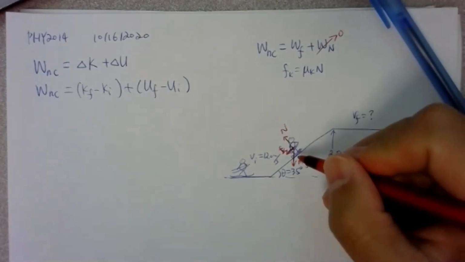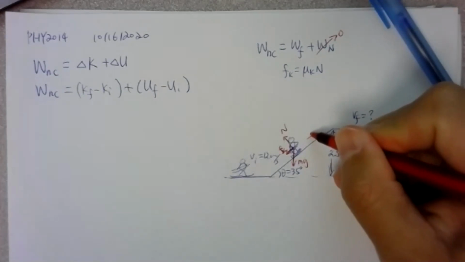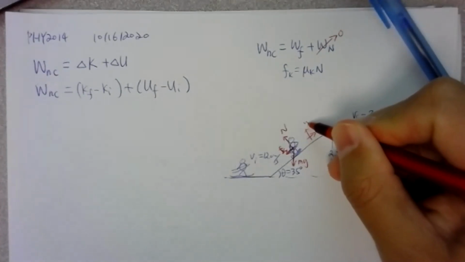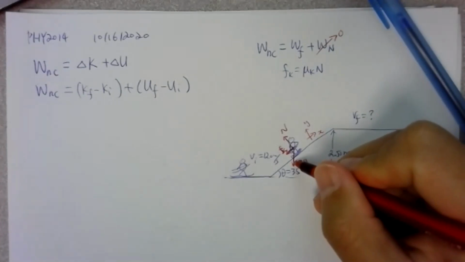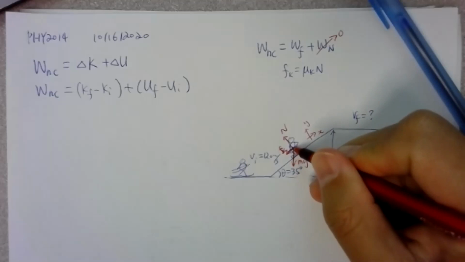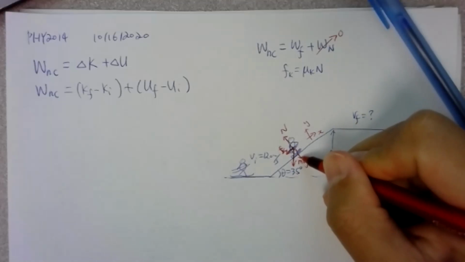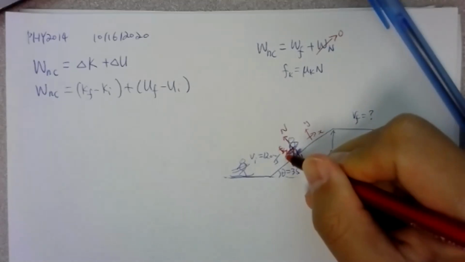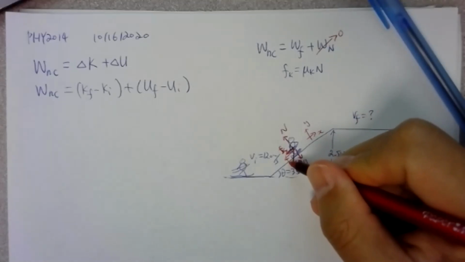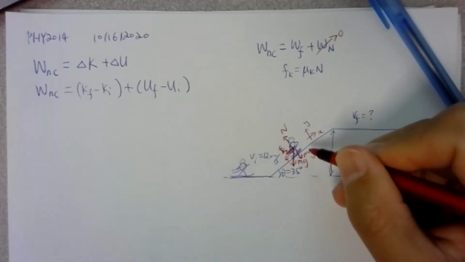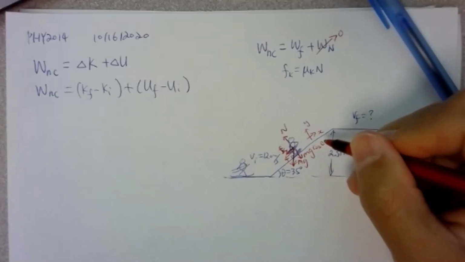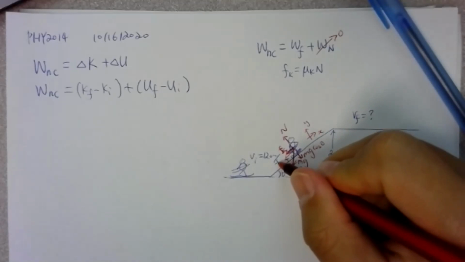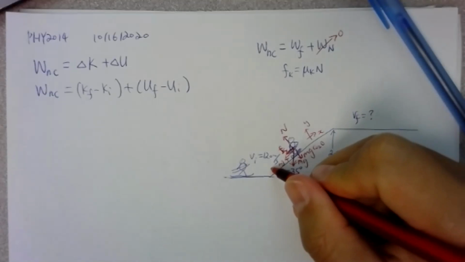For the normal force, take x along the surface and y perpendicular to the surface. Then you can resolve the weight into x and y components. The y component will be mg cosine theta because you are on the slope, and the x component will be mg sine theta.